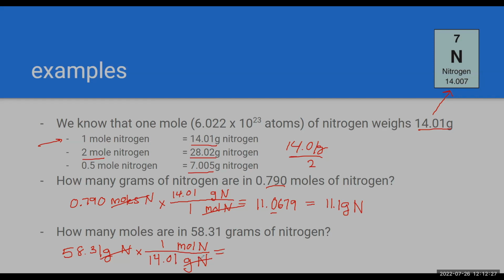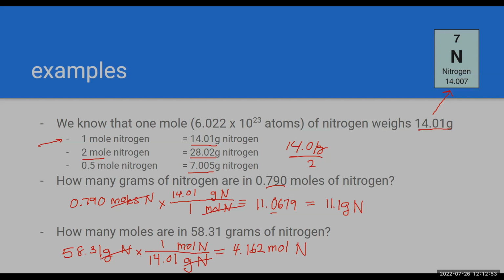And if we run that into our calculator, we can just put 58.31 divided by 14.01. And that should get us an answer of roughly 4.162. And so that'll be 4.162 moles of nitrogen.